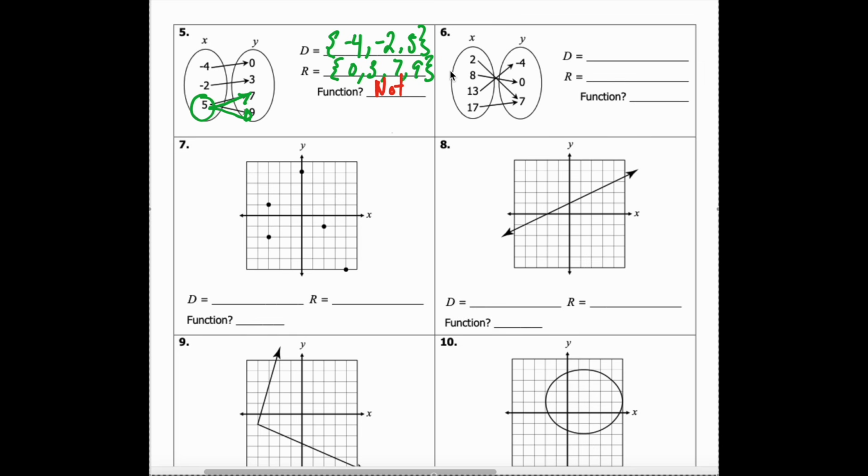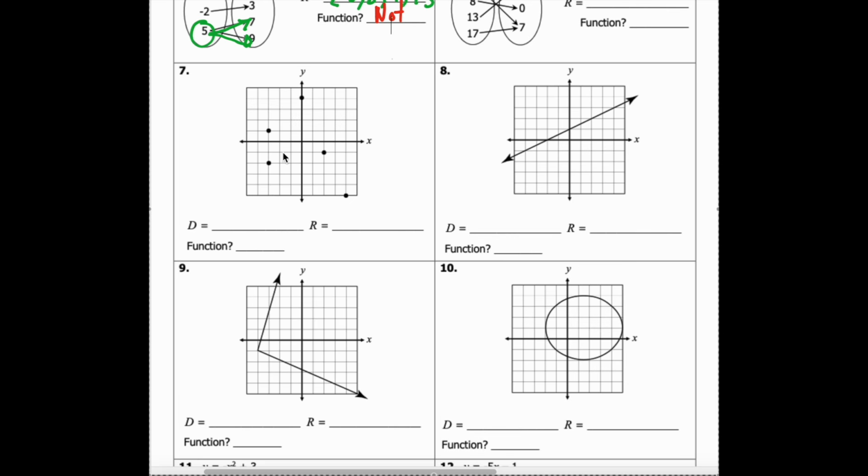Okay, it's no. All right, let's try another one. Let's look at number 7. Same thing. What we can do with this is list all of these points out on the side, and it'd be easier to read. So let's do that. This first point is -3, -2.